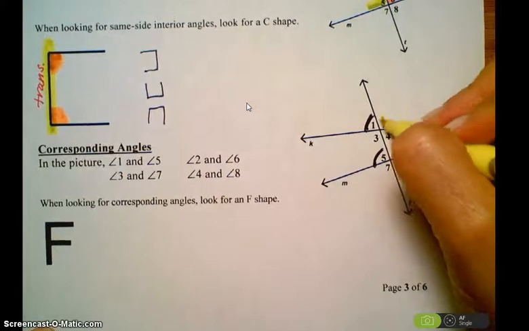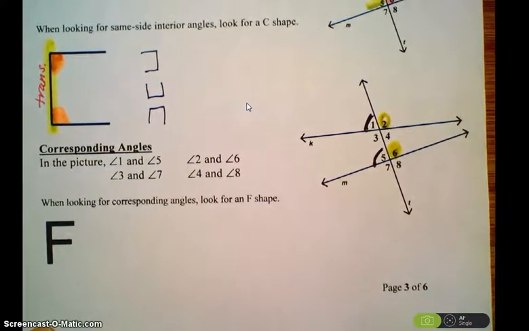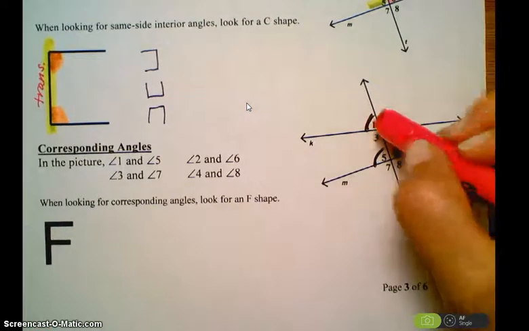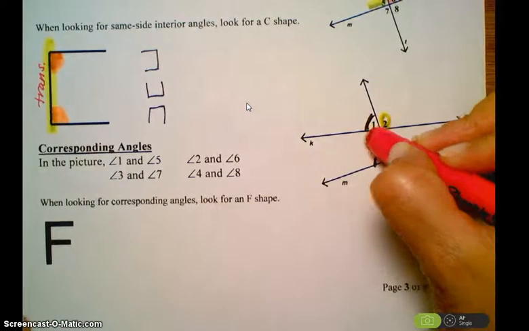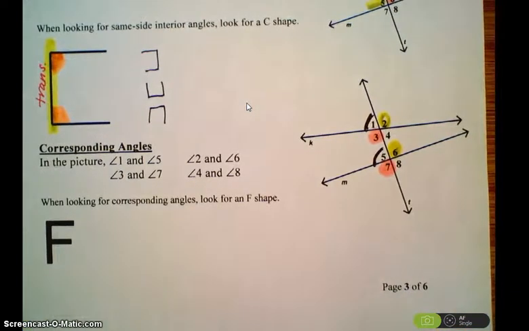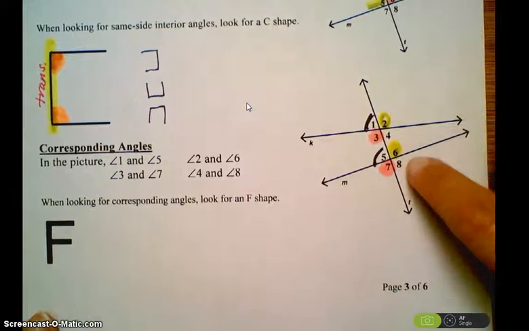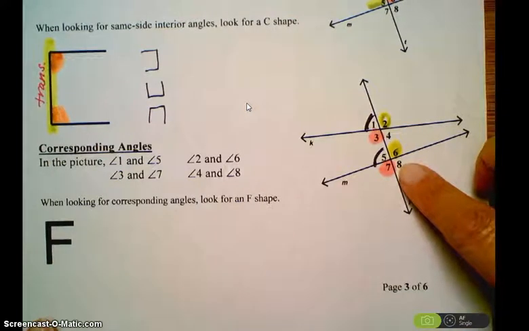Angle 2 is in the upper right, and angle 6 is also in the upper right. Angle 3 is in the lower left. Angle 7 is in the lower left. And then the last pair, angle 4 and angle 8, are both in the lower right position of their group of 4. So we call those corresponding angles.